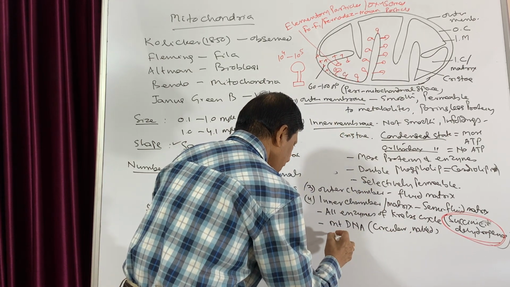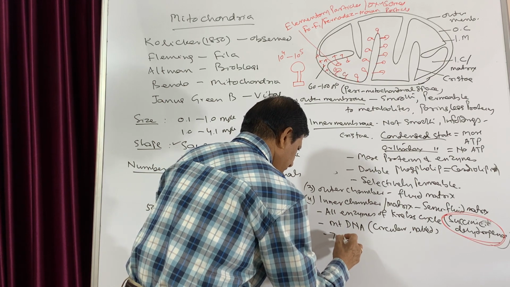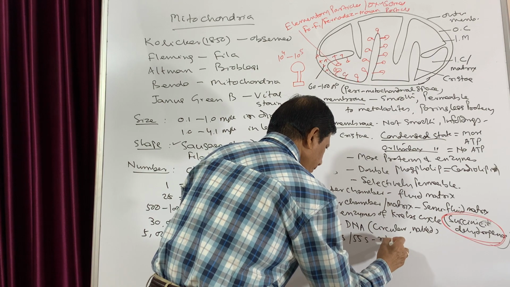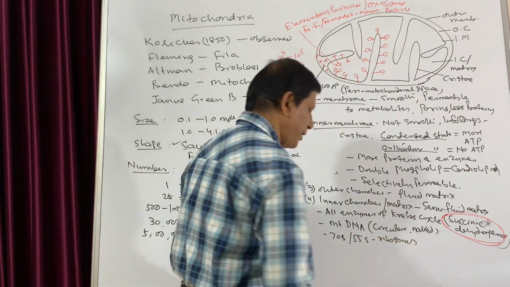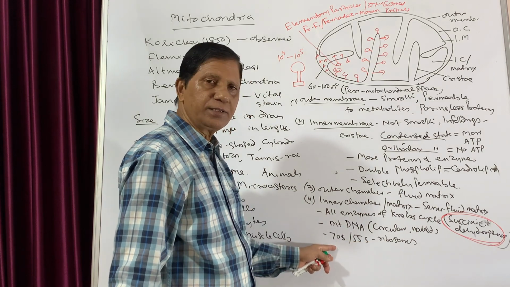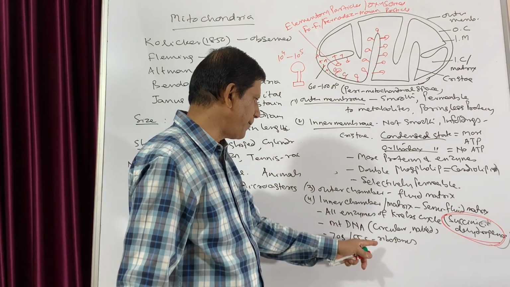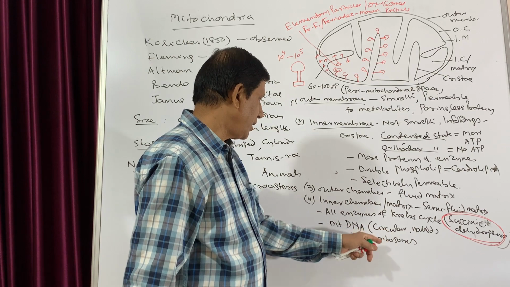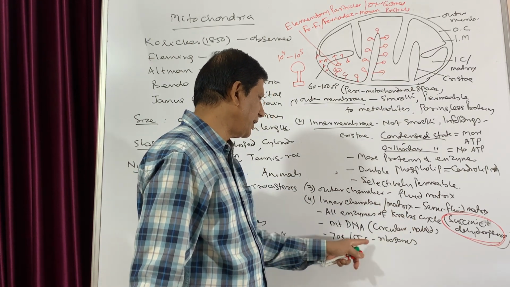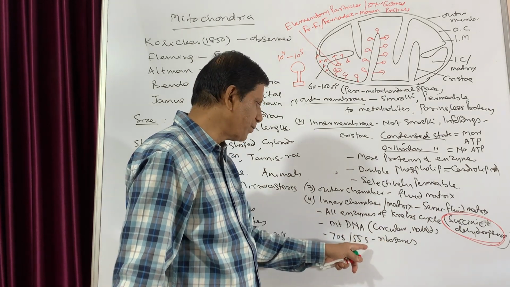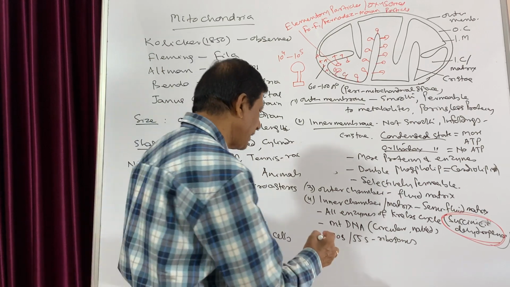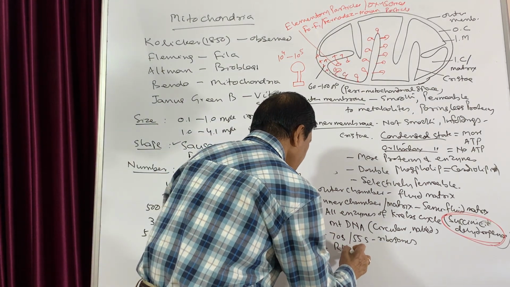It also contains 70S ribosomes. In human mitochondria the ribosomes are 55S, and in other cases 70S. And in addition, different types of RNAs are there.